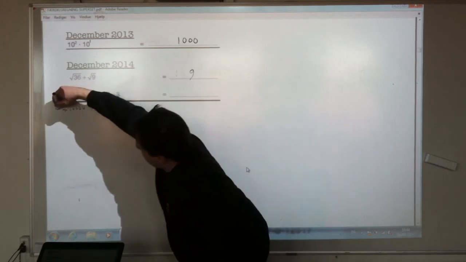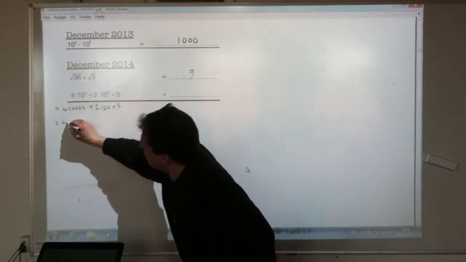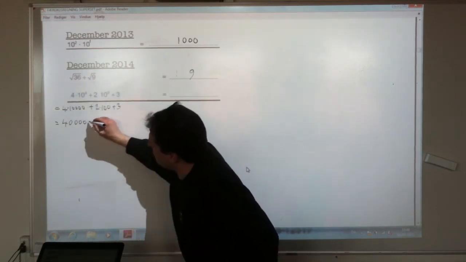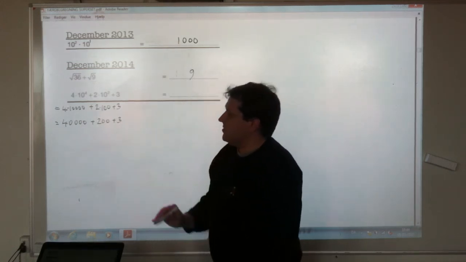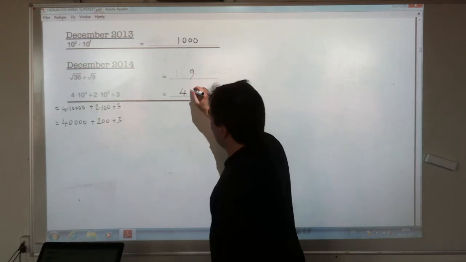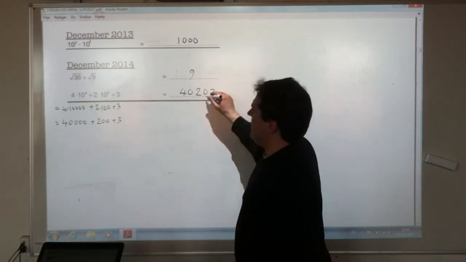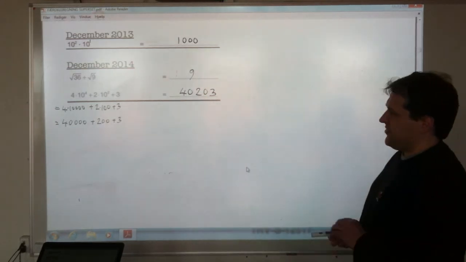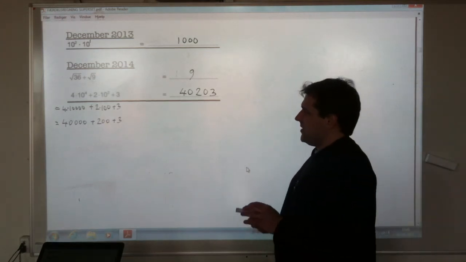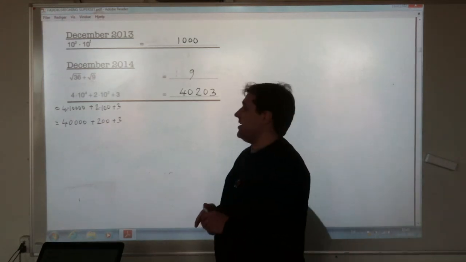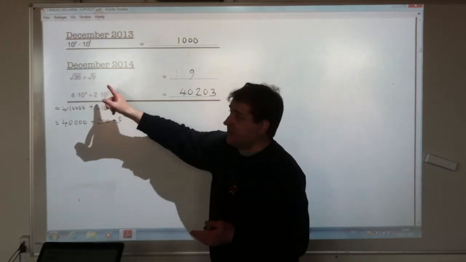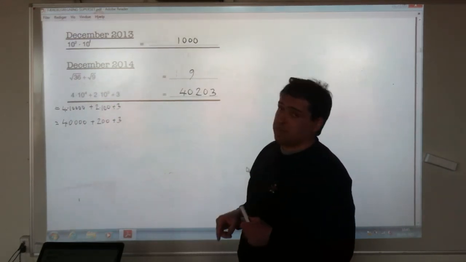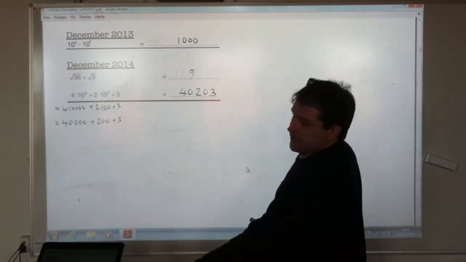So that makes 40,000 plus 200 plus 3. 40,203. It's just a question of doing the calculations in the right order. Multiplication first, or powers first, and then multiplication, and then plus. Perhaps that belongs in a different section.